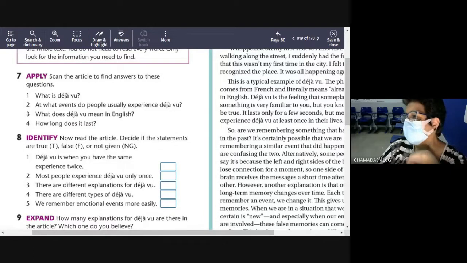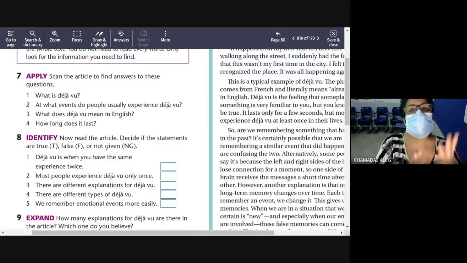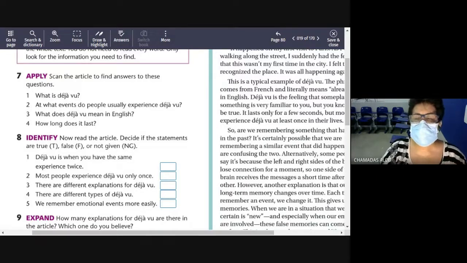And you believe that you have already been there, right? Yeah, the feeling that you have already experienced that situation, okay?